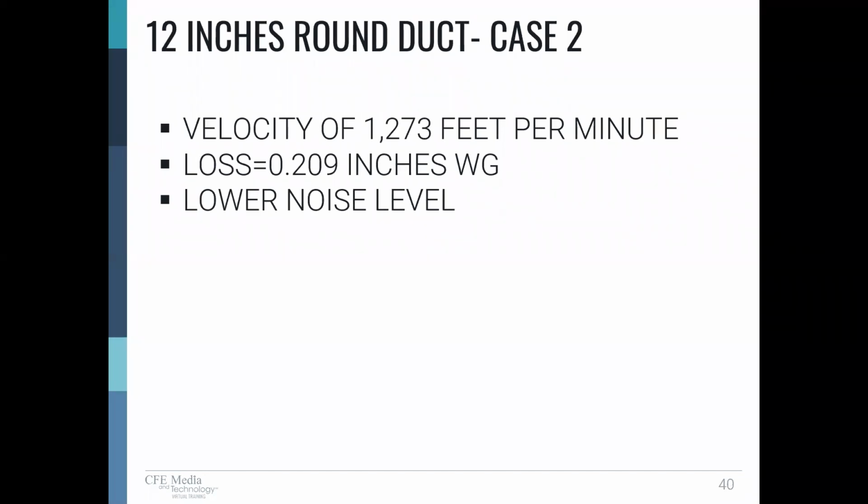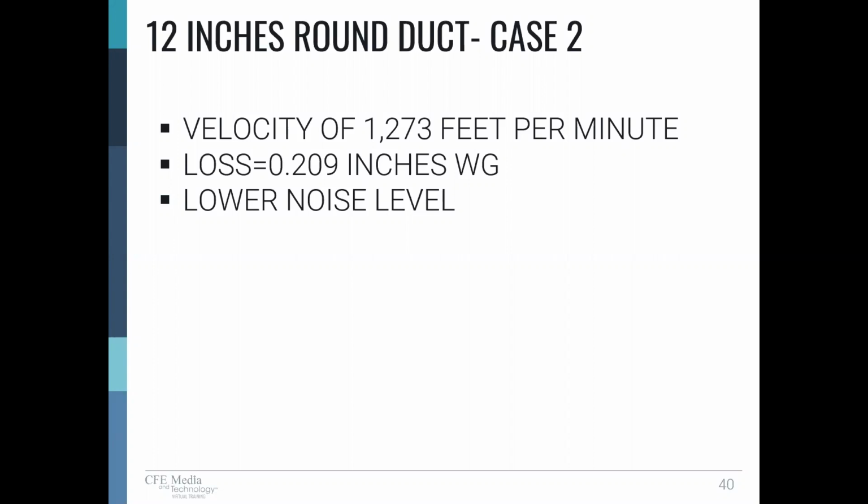If we use the same criteria for the air with a 12-inch duct, our velocity drops to 1,273 feet per minute, and the losses drop to 0.209 inches water gauge. So the losses are about half of the losses of the 10-inch duct.